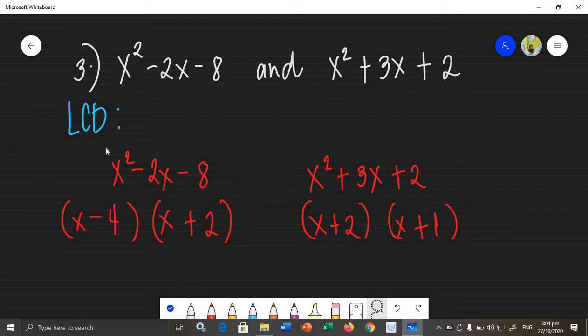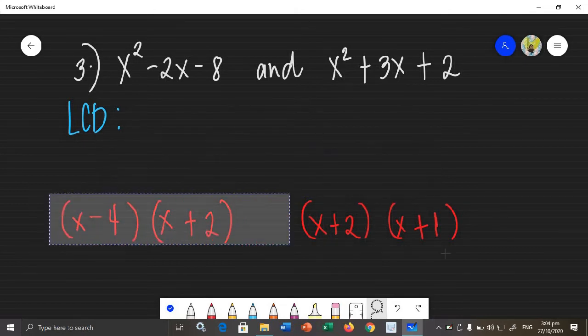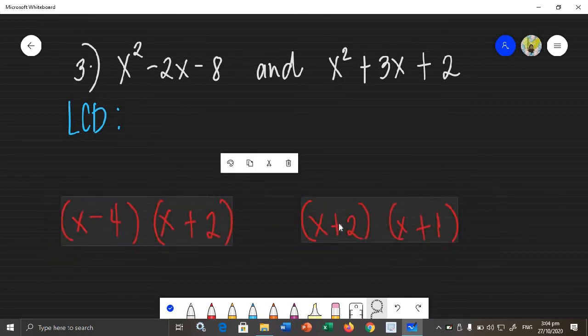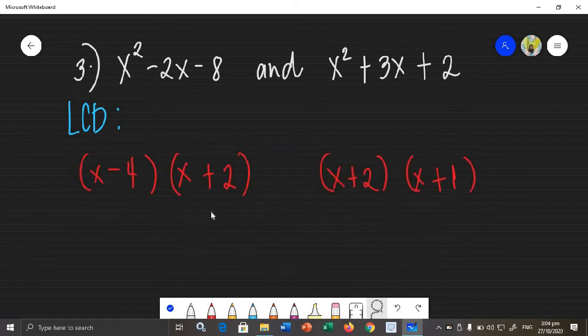So now that we come up with the factors of the given trinomials, we will observe them. As you can see here, pareho silang may quantity x plus 2. Therefore, dalawa, no? We will count this as 1. Itong dalawang x plus 2, we will count that as 1. Therefore, kapag nilista natin yung LCD niya, we will just combine them.